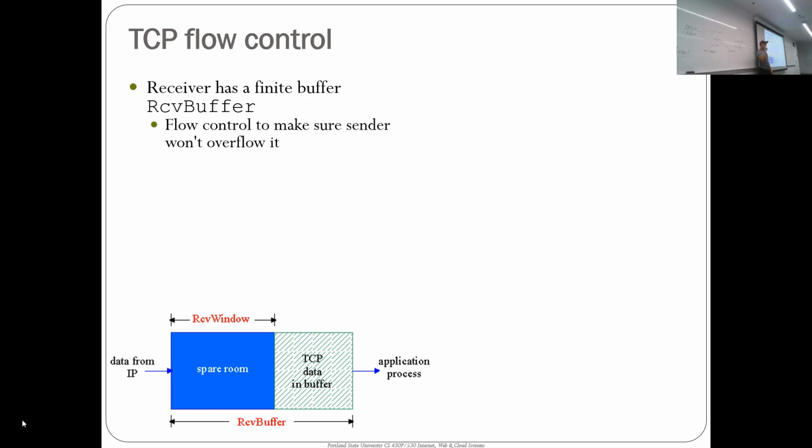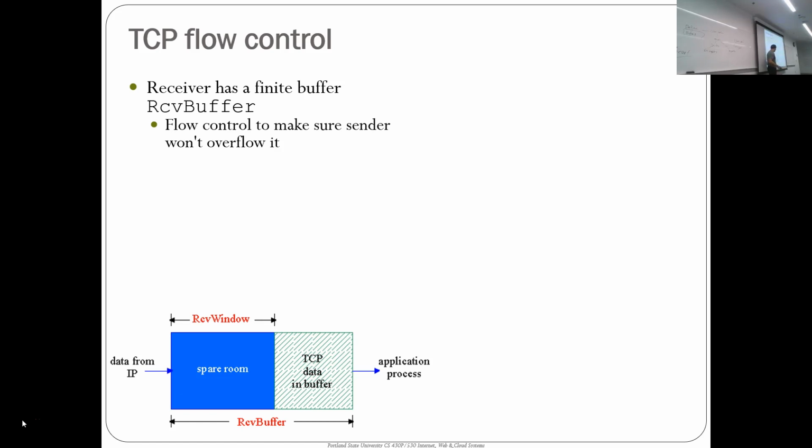And if it falls behind, what's going to happen is that this is going to fill up. And what you don't want to have happen is for this to fill up and then incoming packets be dropped because there's no space, because that would disrupt the transfer. And so there is this spare room in the operating system buffer for new segments to be received. There is some space here that's called the receive window.